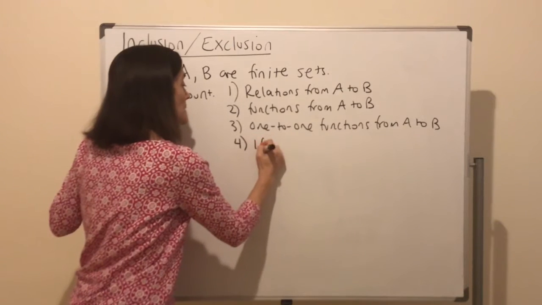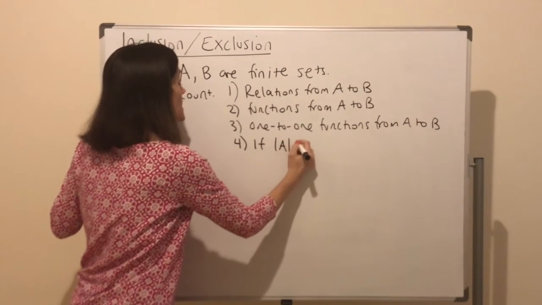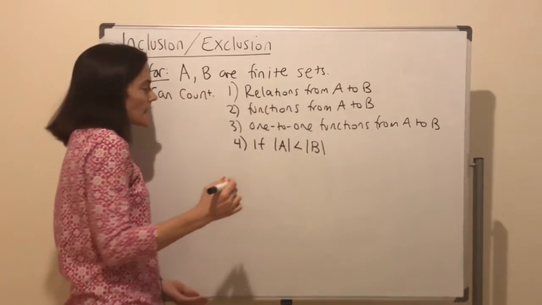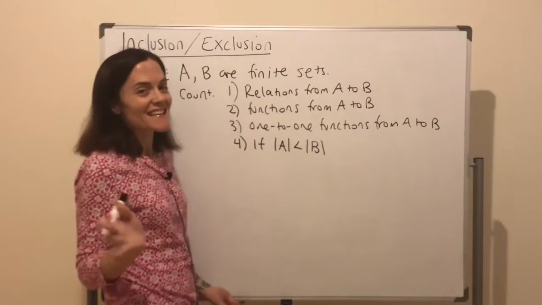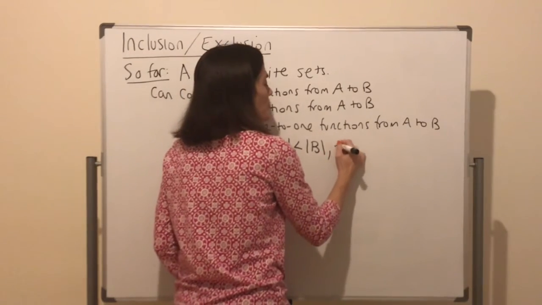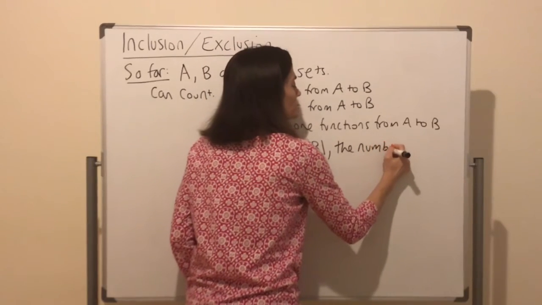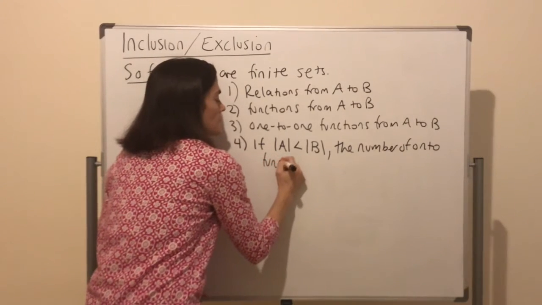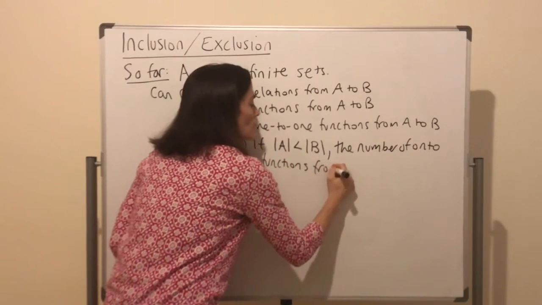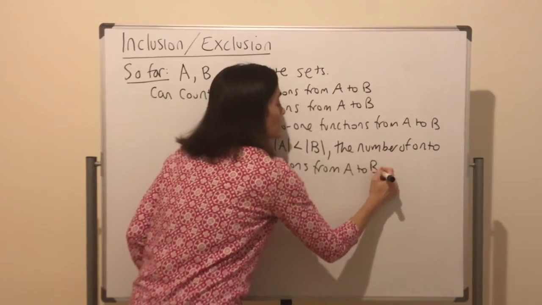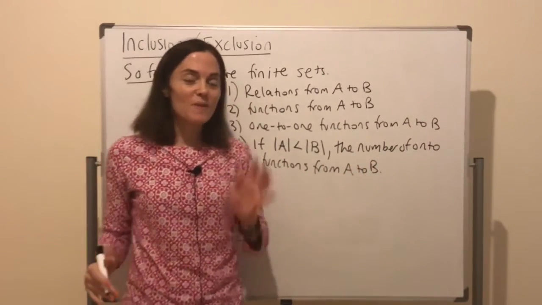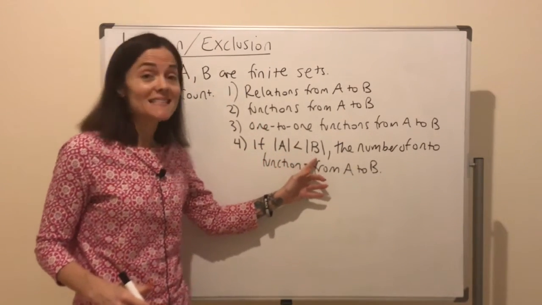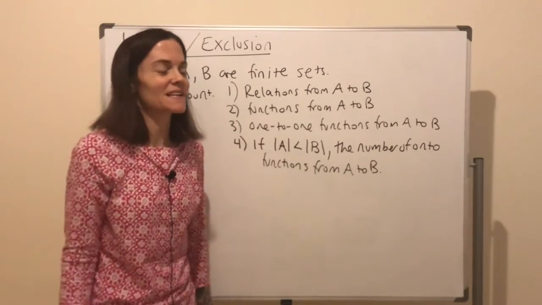And then if, let's say, the cardinality of A is strictly less than the cardinality of B, or I could really say less than or equal to, but I will just say less than for the moment, we do know the number of onto functions from A to B. We have discussed in more than one video, although we proved it in the last one with the pigeonhole principle, if the cardinality of A is strictly less than the cardinality of B, there are 0 onto functions.